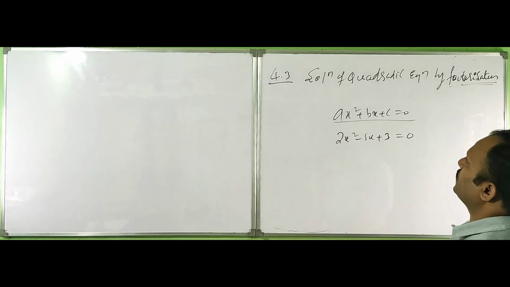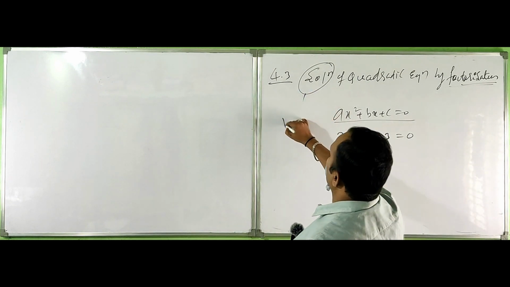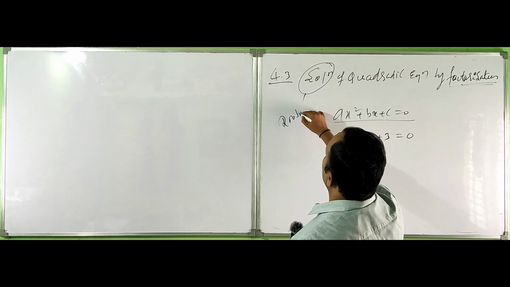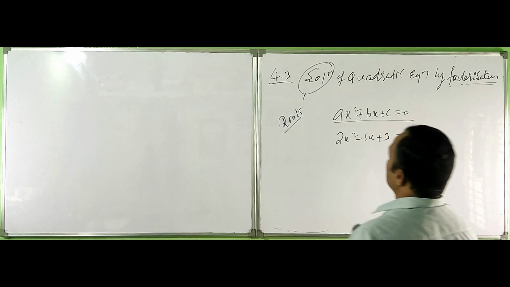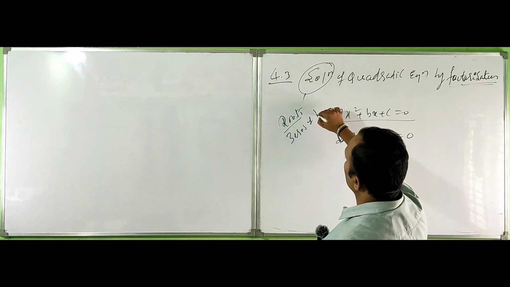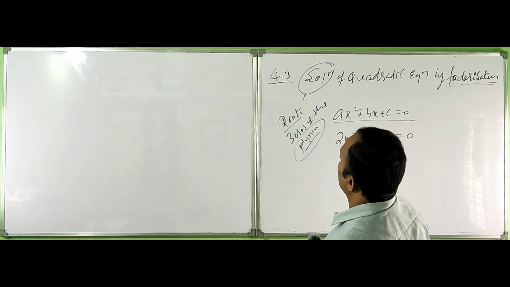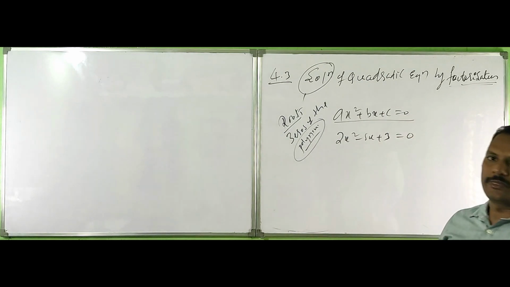Our solution means what? Root of the equation. Solution means root or roots of the equation, or zeros of the polynomial. You can specifically call it zero of the quadratic equation.